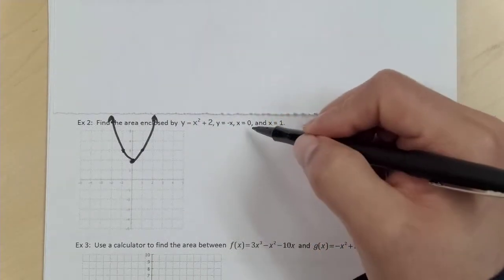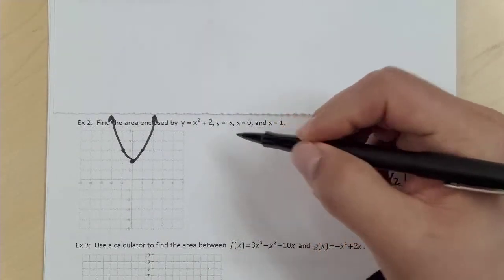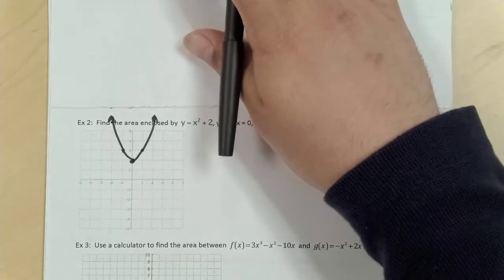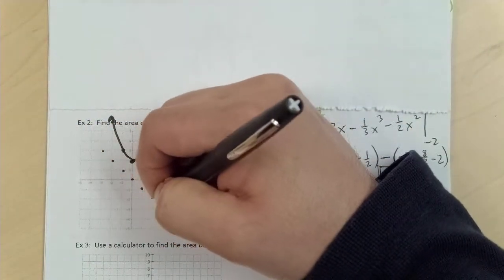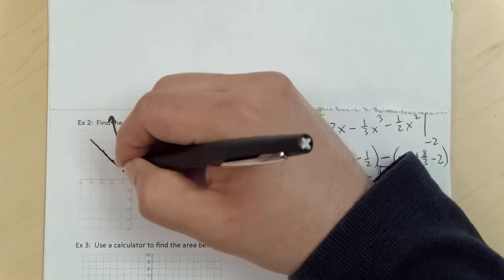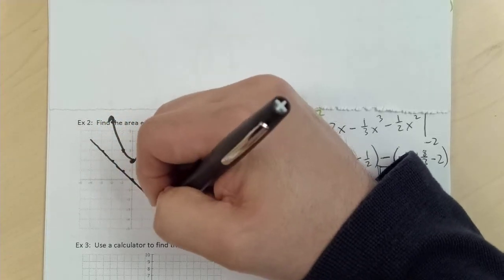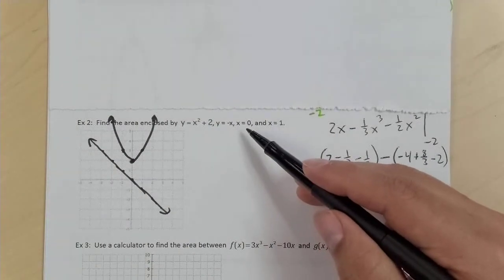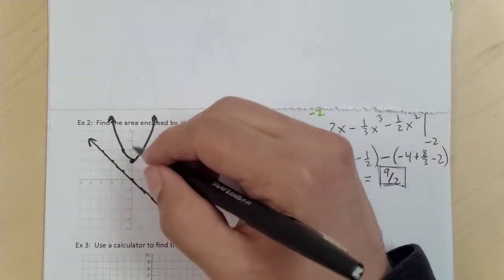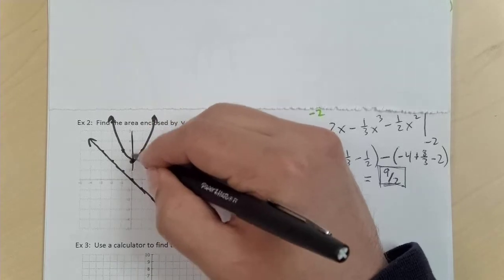And now we have y equals -x. So -x looks something like this. And they gave me x equals 0, so that's here.